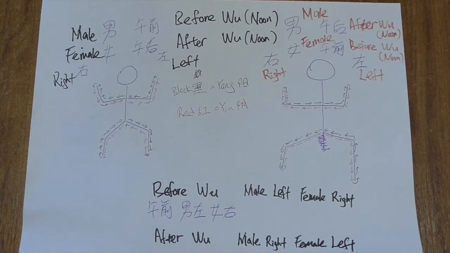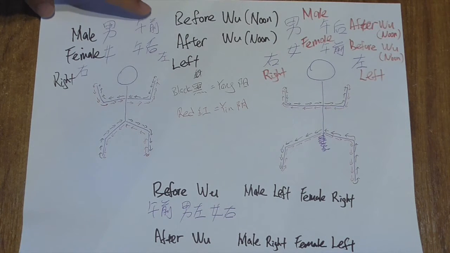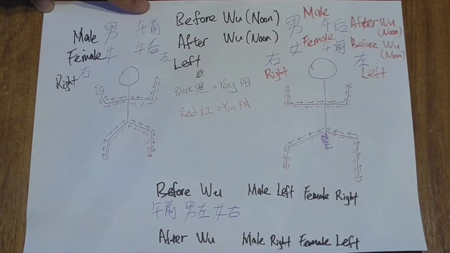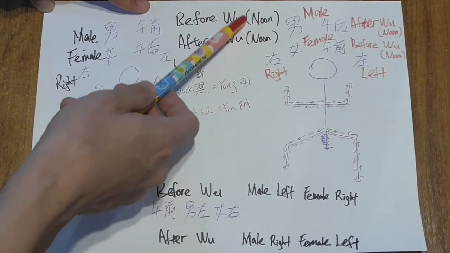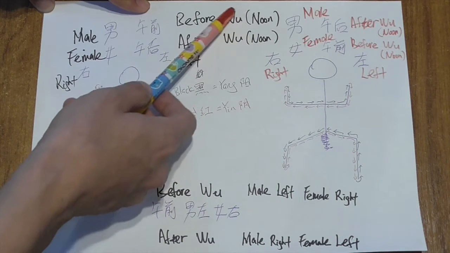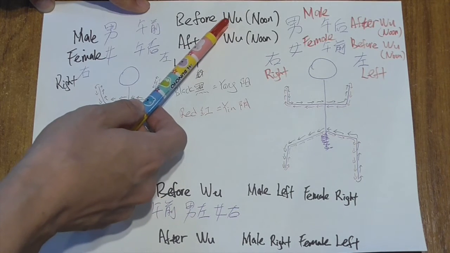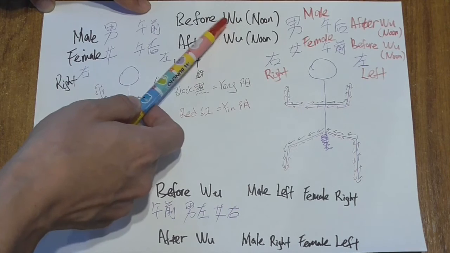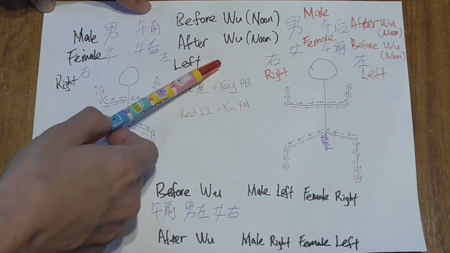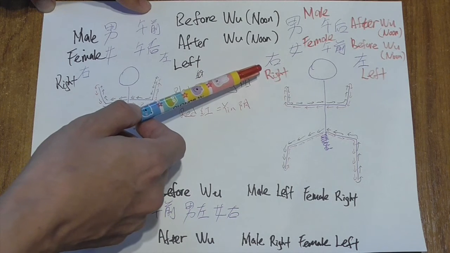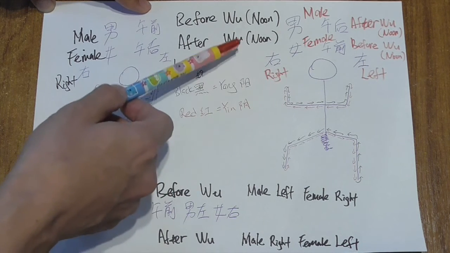So in the last paper we actually talk about noon. When I said noon is the meaning of Chinese 午时, okay, which means between 11 a.m. to 1 p.m. That's 午.